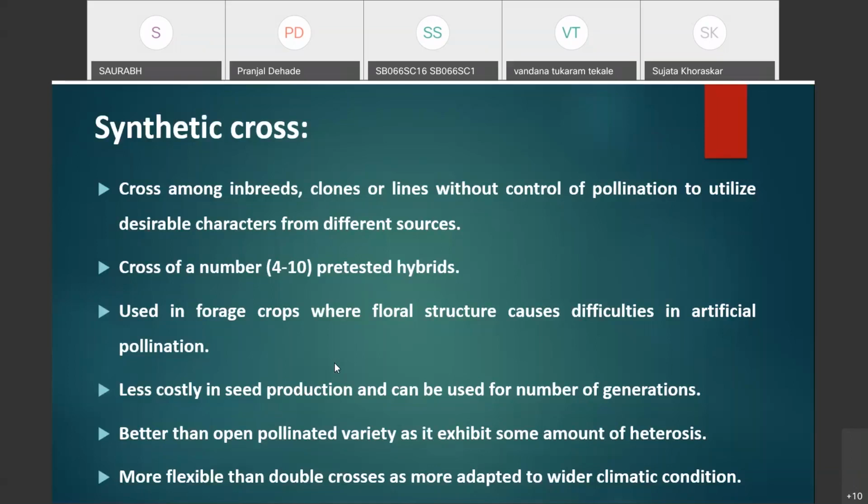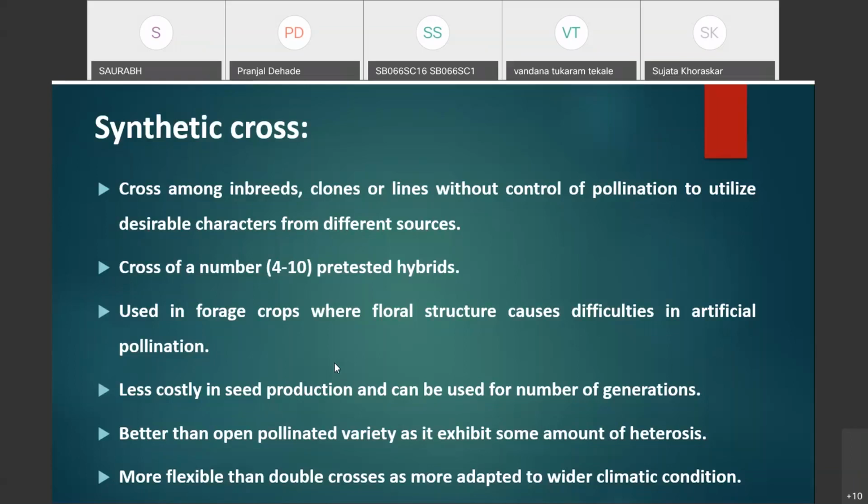There is no control on pollination, and therefore artificial pollination is not required in this method. Therefore, it is used for improvement of forage crops where the floral structure causes difficulties in artificial pollination.